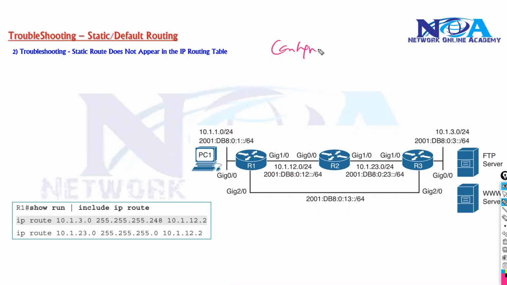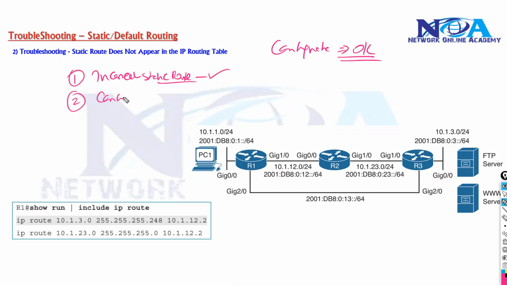The configuration part is okay, but you still see the route is not coming in the routing table. In the first case, we saw the incorrect static route: you see the static route in the routing table, but it is incorrect. Now the configuration seems to be correct, but still there is no route in the routing table. That's the second possibility.